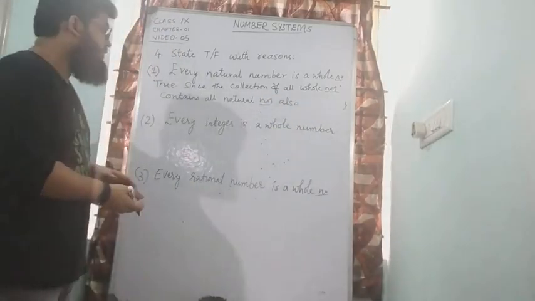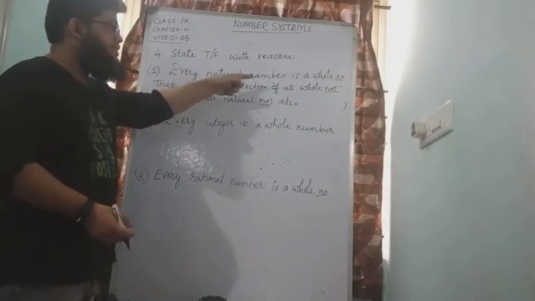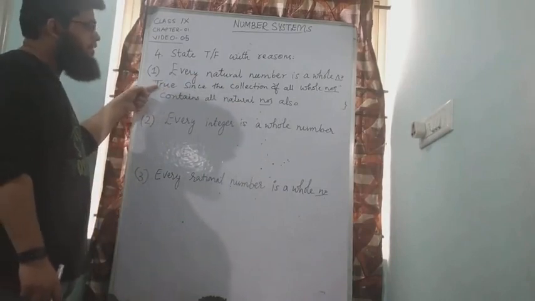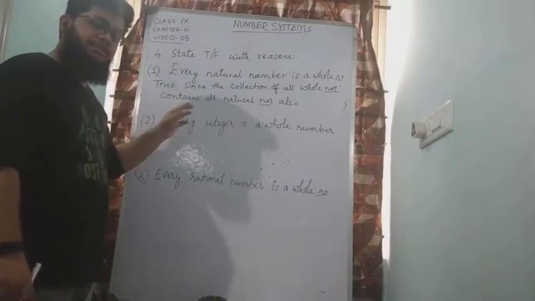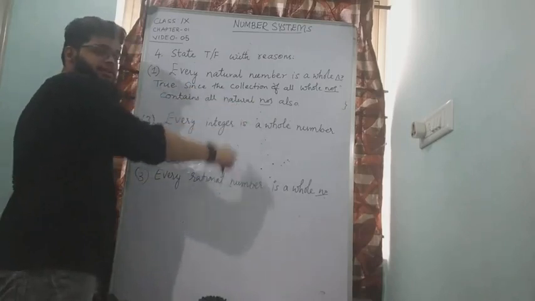So this is the statement: every natural number is a whole number. This answer is true. The reason for this is the collection of all whole numbers, that means all whole numbers will also have natural numbers.